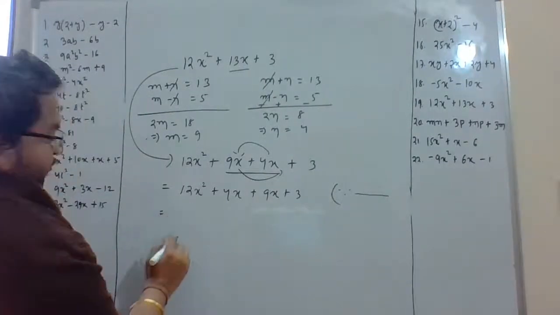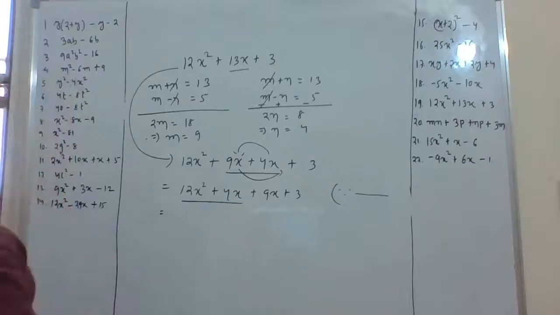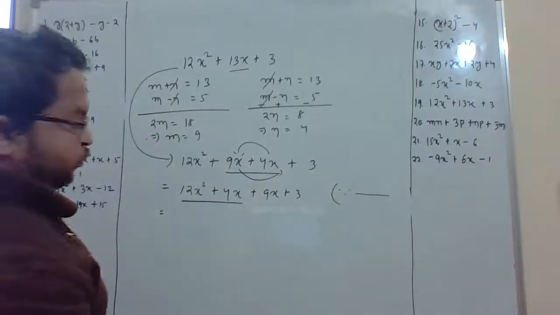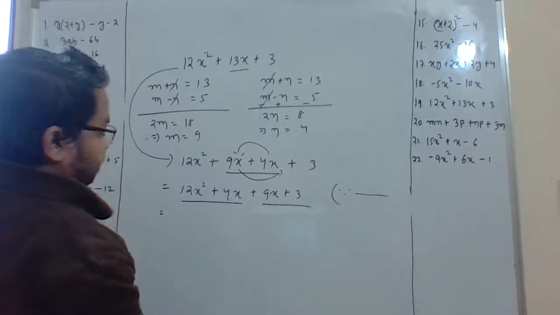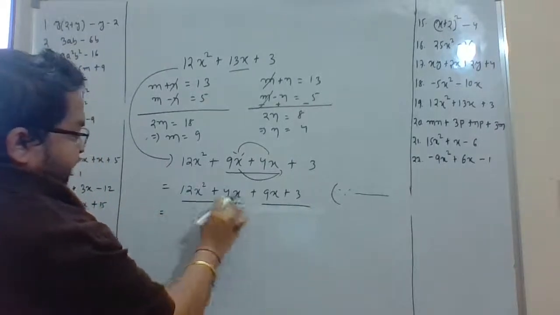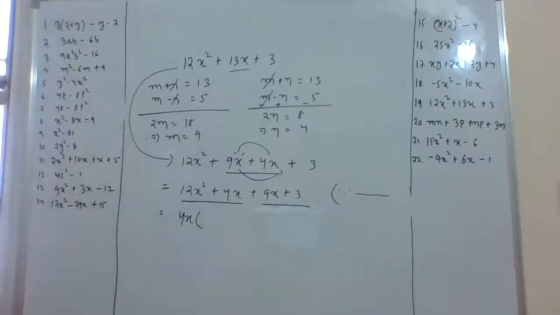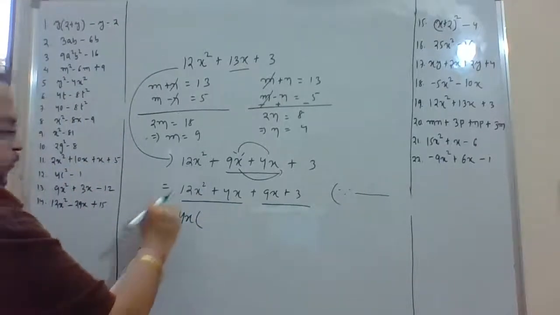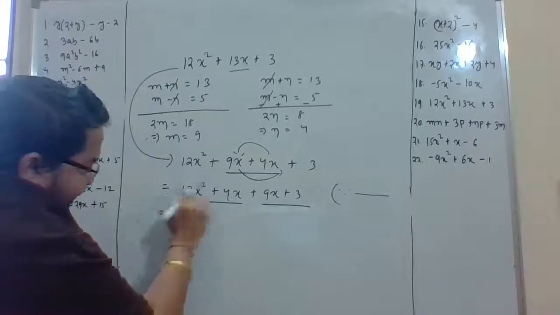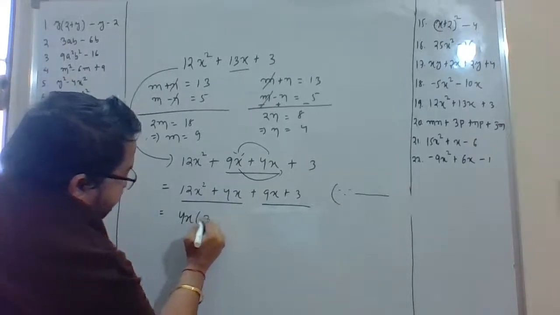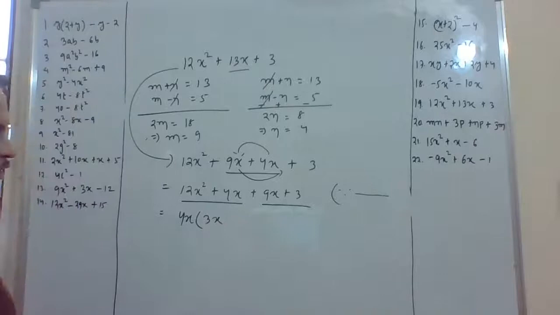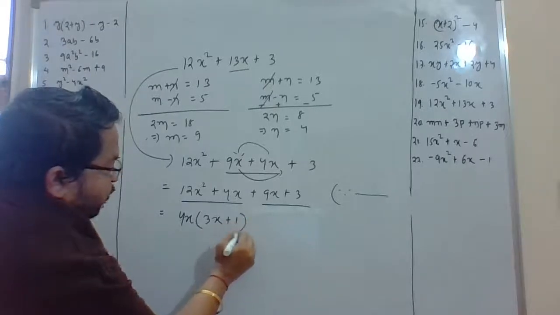Okay, so now it's four terms. So I'll just group them by pairs like this, right? Between the first two terms, the common factor is 4x. So if I take 4x as the common term, what remains is 3x plus 1, right?